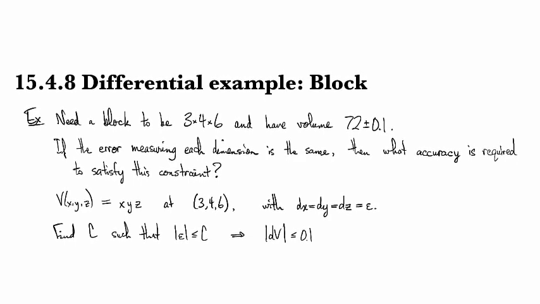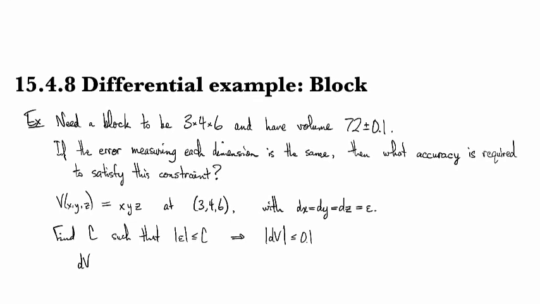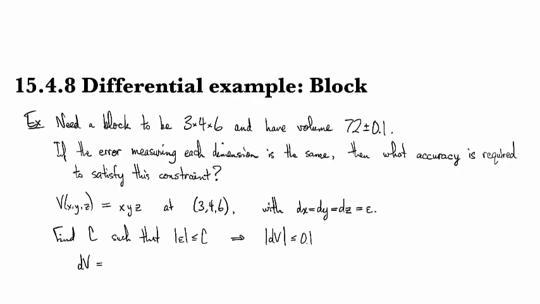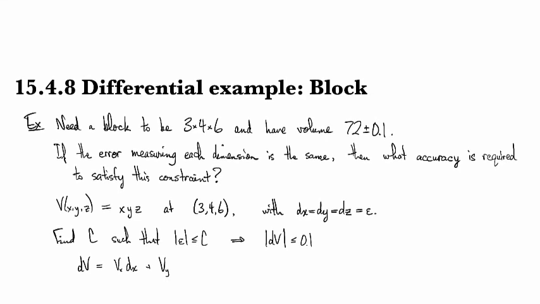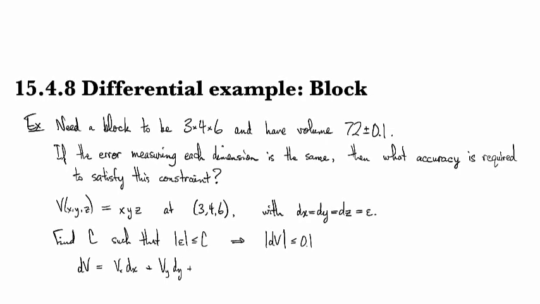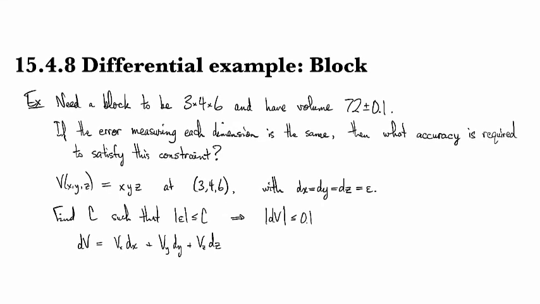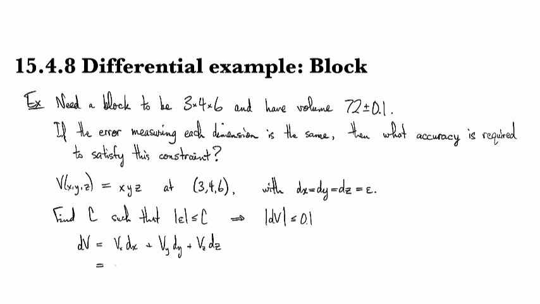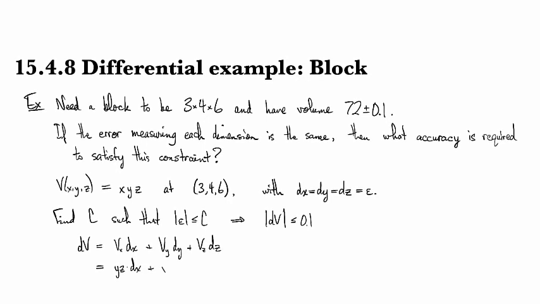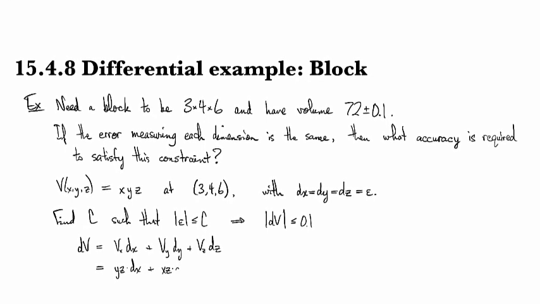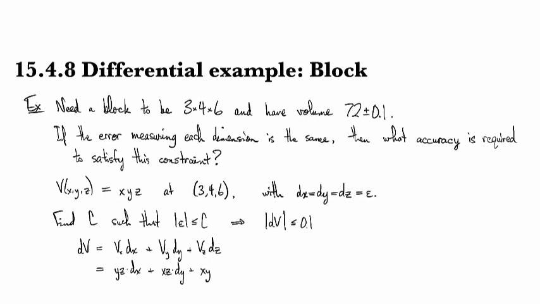Okay, so let's see. If we compute the differential, this is going to be v sub x dx plus v sub y dy plus v sub z dz. So we look at the partial of v with respect to x, and it's yz, and the partial of v with respect to y is xz, and the partial of v with respect to z is xy.